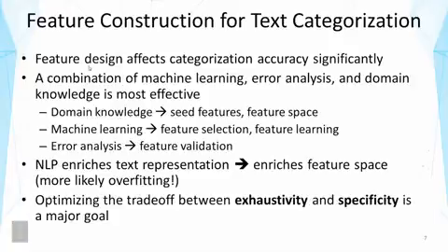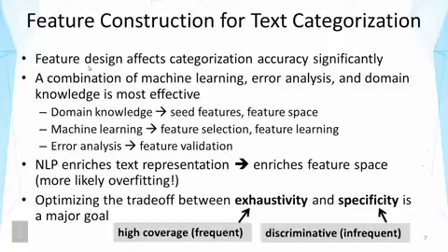A main challenge in designing features, a common challenge, is to optimize the trade-off between exhaustivity and specificity. This trade-off turns out to be very difficult. Exhaustivity means we want the features to have high coverage of a lot of documents, and so in that sense, you want the features to be frequent.